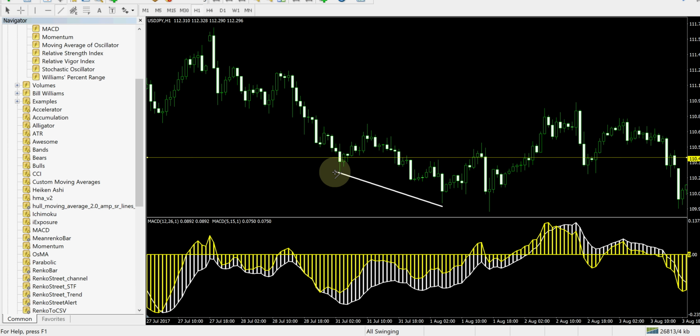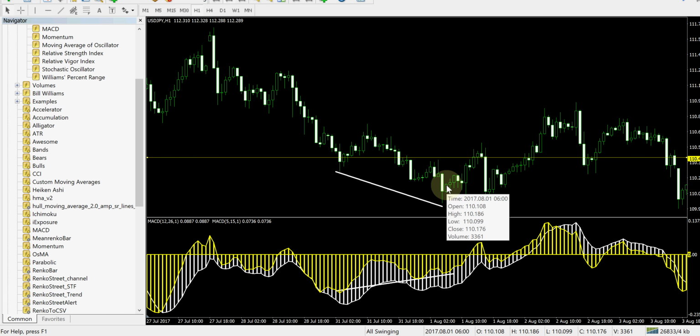So when we find the low here, you can see that indicators telling us price is going up, but the real actual price went down. So this is bullish divergent. So from here, we'll be looking to take a buy trade. So you wait for just two candles more, then you put a buy trade here.